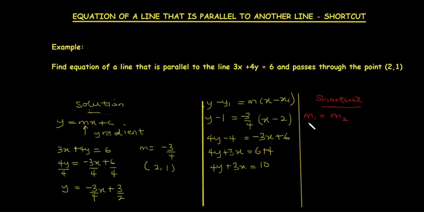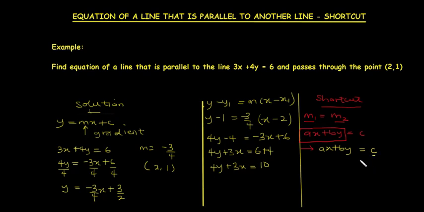And the fact that these two lines are going to have the same gradient means that if we have a line ax plus by is equal to c, then the new line is going to have the same ax plus by. Why? Because they all have the same gradient. The new line is going to have ax plus by, but this time the c is going to change.